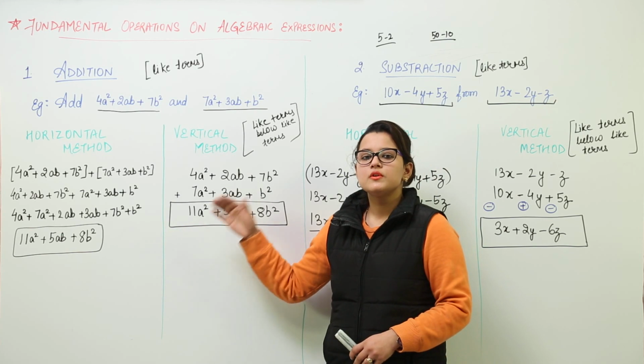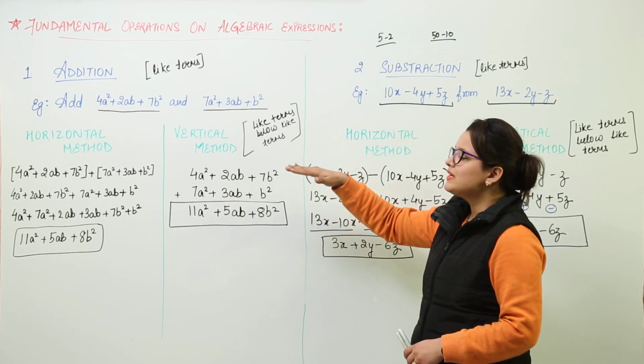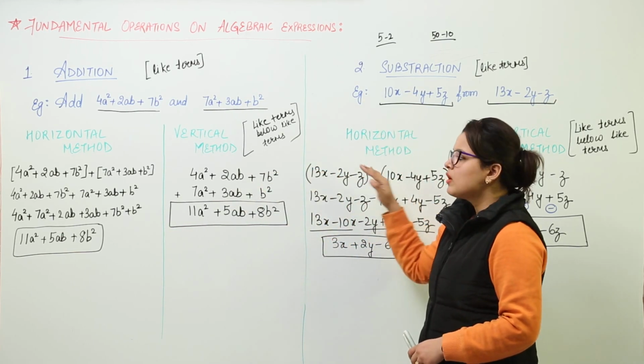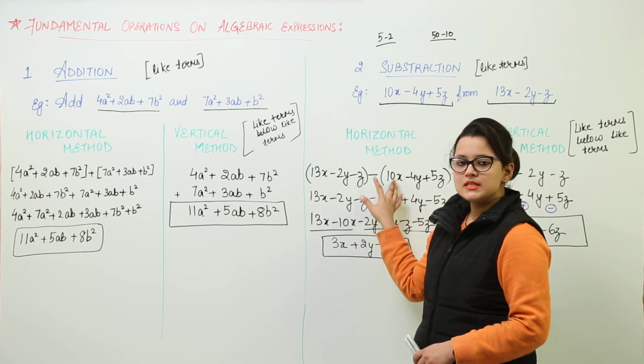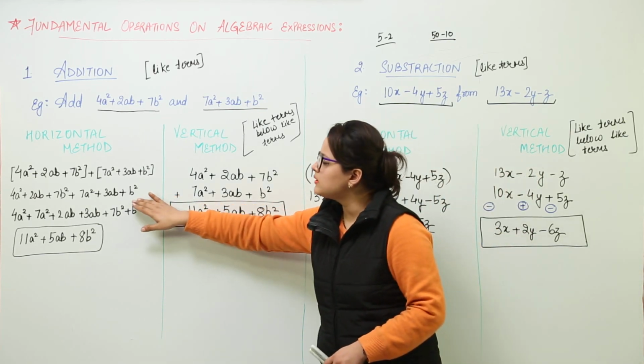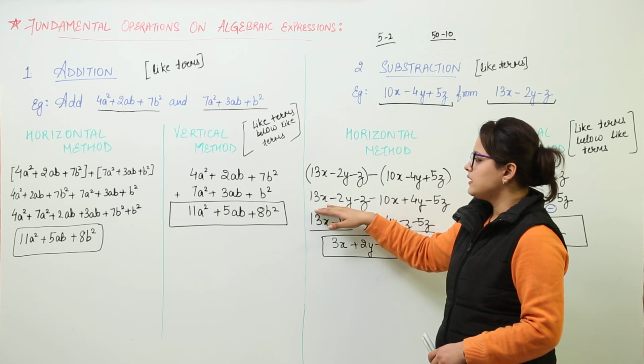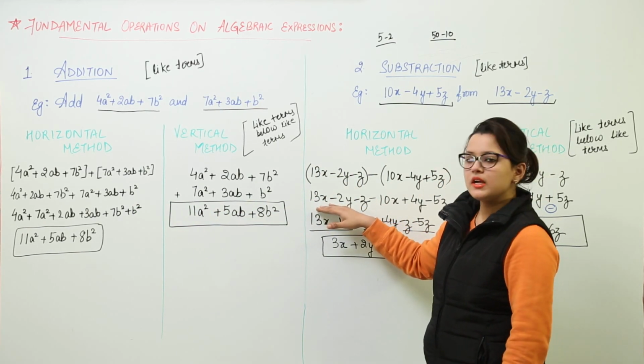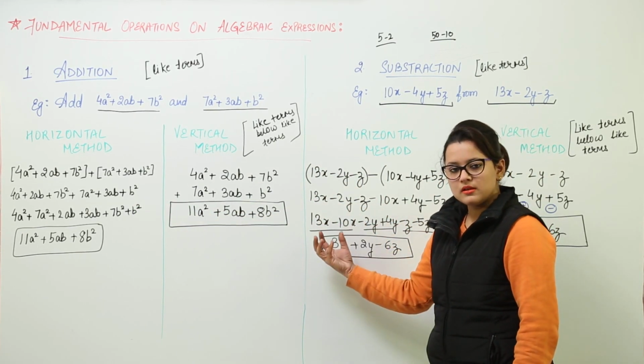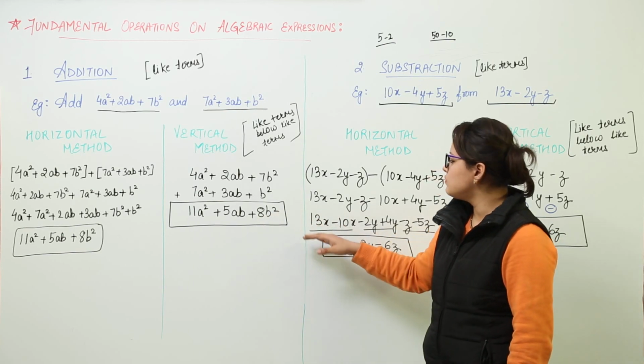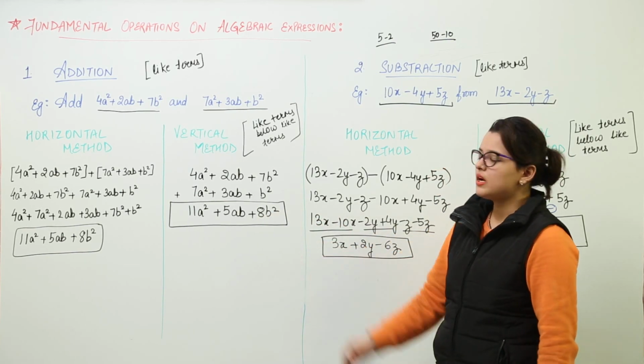So that is how you can do the addition and subtraction of algebraic expressions using two methods. Horizontal, in which you write the expressions in a horizontal way, always in the form of brackets, and in the next step you open the brackets and group the like terms together. After grouping the like terms, you simplify and get your answer.